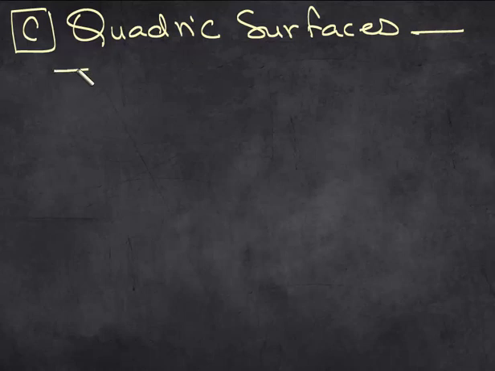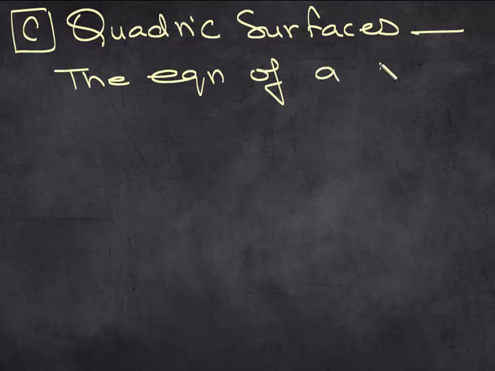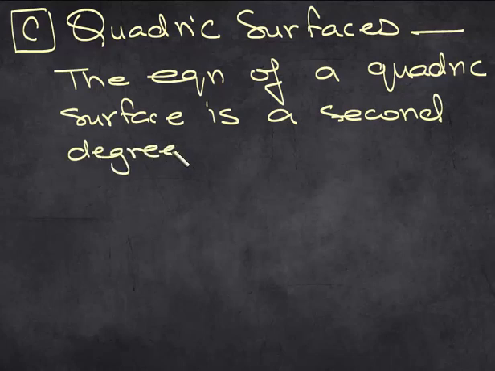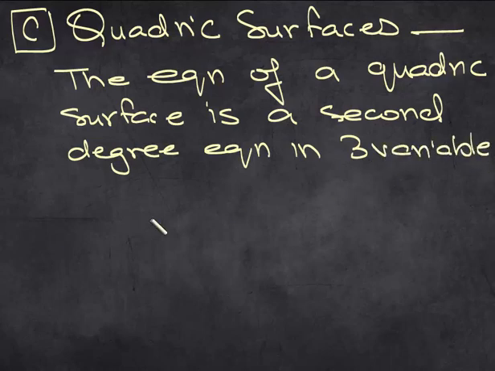So let me write down the equation of a quadric surface. It is a second degree equation in 3 variables. First of all, that's what it is. So it looks something like this.